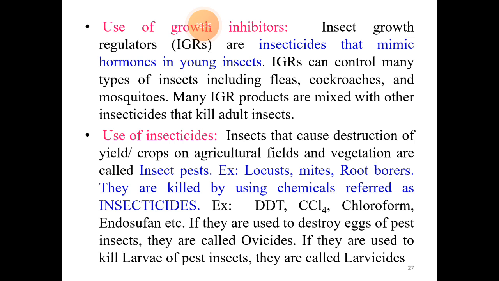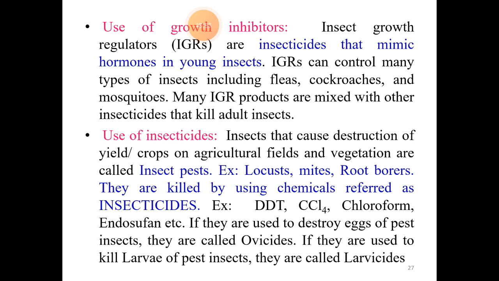Chemicals are widely used as insecticides to eradicate insect pests like locusts, root borers, mites, etc. One of the well-known insecticides is DDT. So it is an insecticide that is widely used to kill the insect population.